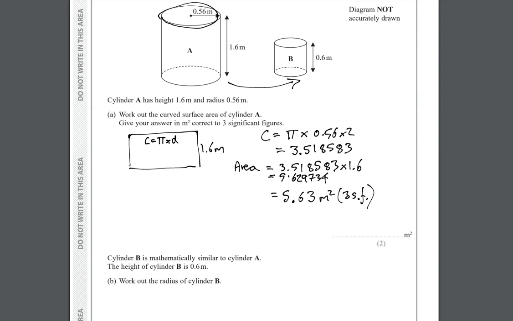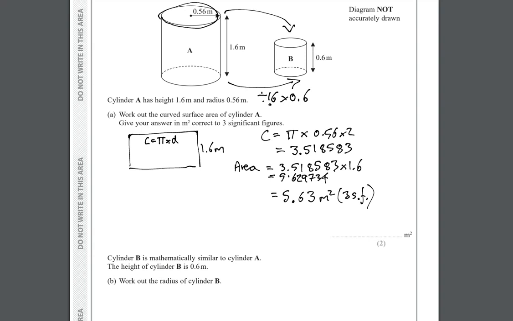How do we get from there to there? Well, we divide by 1.6, we multiply by 0.6. Divide by 1.6, multiply by 0.6. That will give us that one there.